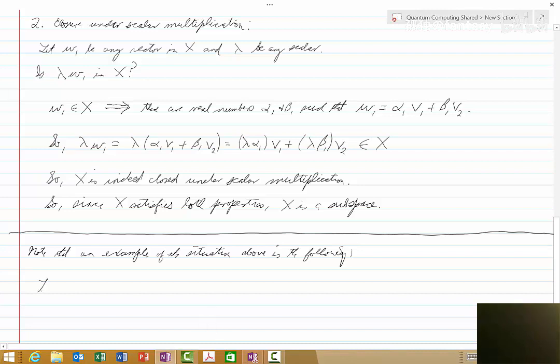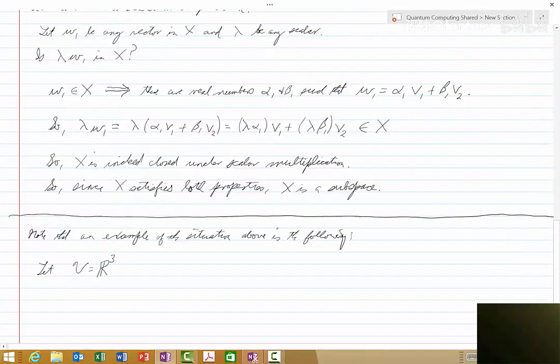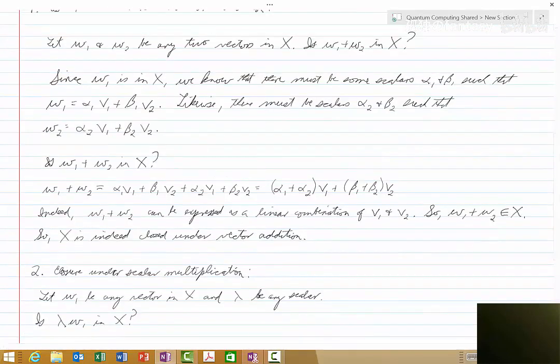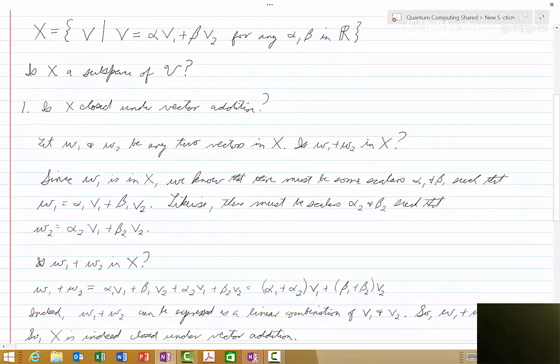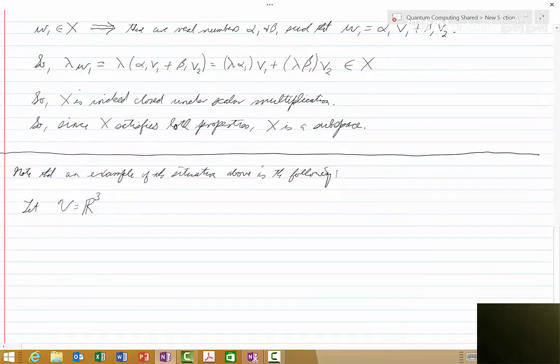We could, for instance, let V be R3, and as we've already said, the scalars are all real numbers. And let's pick two particular vectors for V1 and V2. We're going to let V1 be the vector 1, 0, 0, and V2 be the vector 0, 1, 0.